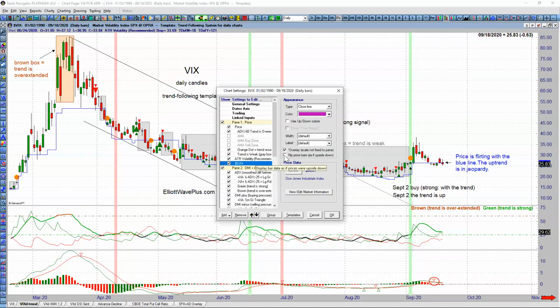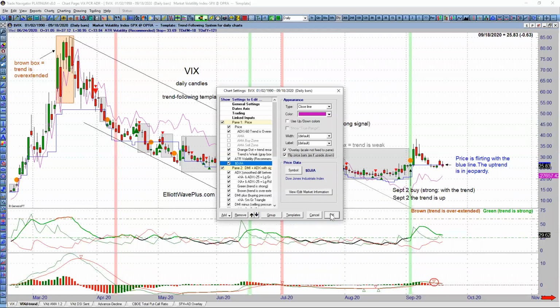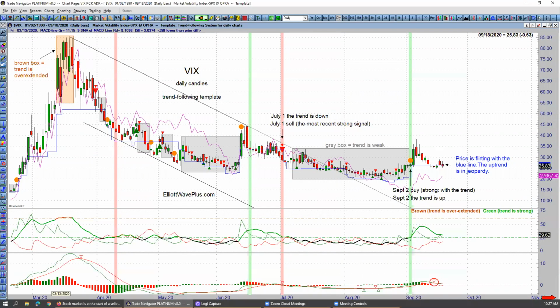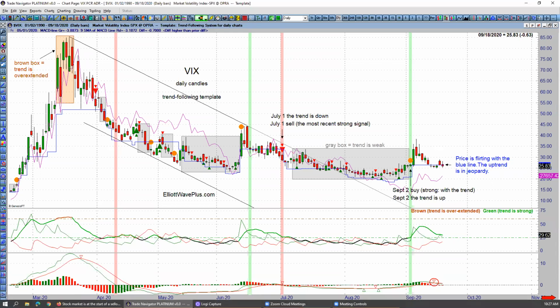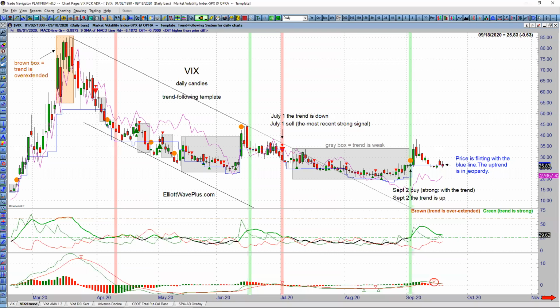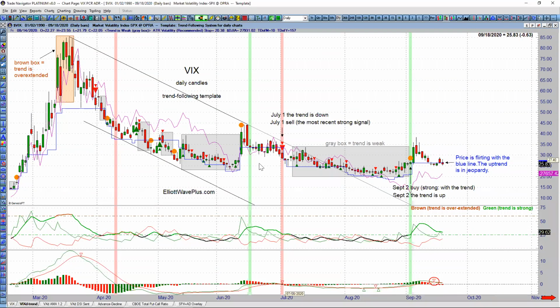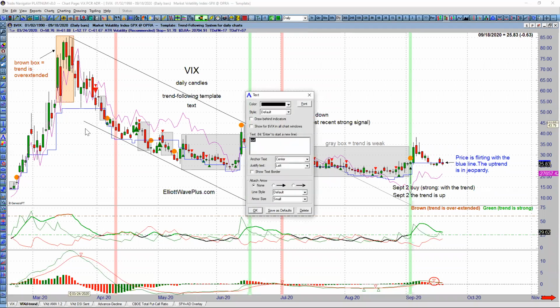Flip price bars. So there is the inverted, it's that purple line, Dow Jones Industrial Average.